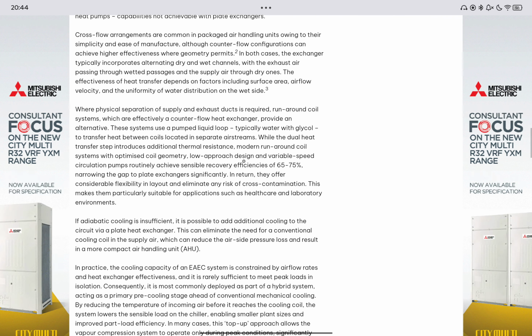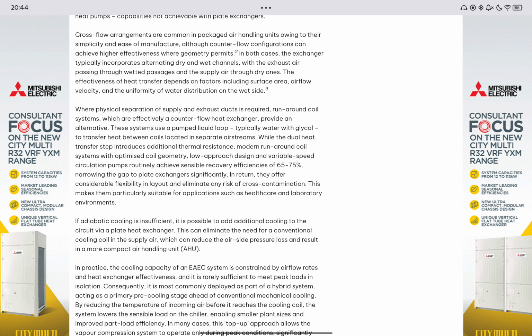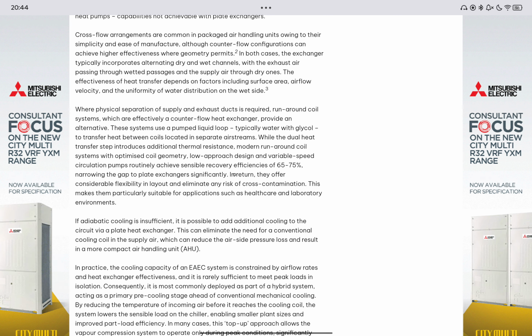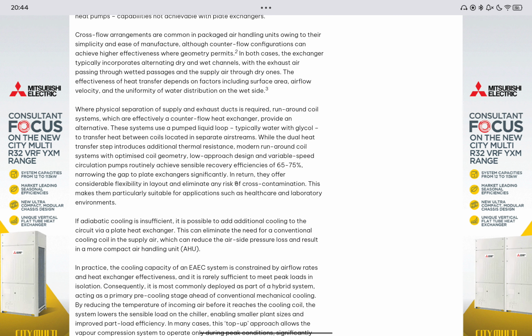the wet side. Where physical separation of supply and exhaust ducts is required, runaround coil systems, which are effectively a counterflow heat exchanger, provide an alternative. These systems use a pumped liquid loop, typically water with glycol, to transfer heat between coils located in separate airstreams.